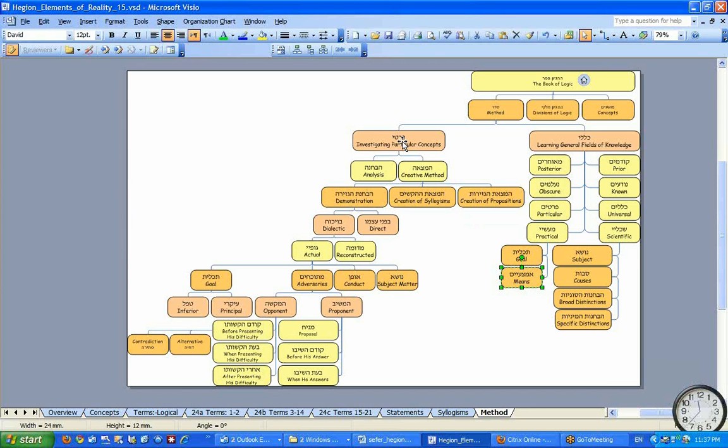Now he's going to talk about individual concepts or ideas, and there's going to be two basic modes here. One is called hamtza'ah, and the other one is called havchana.